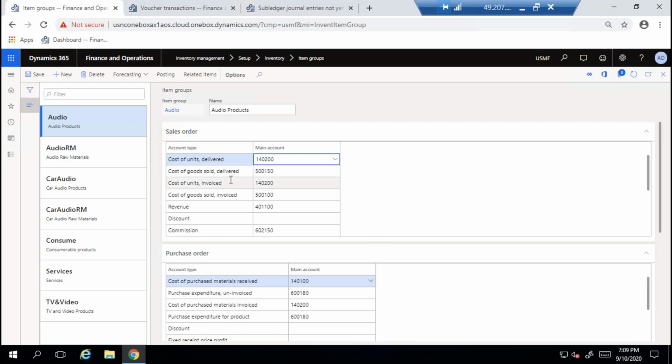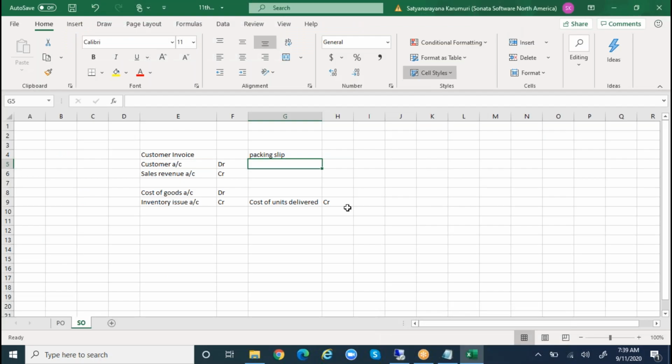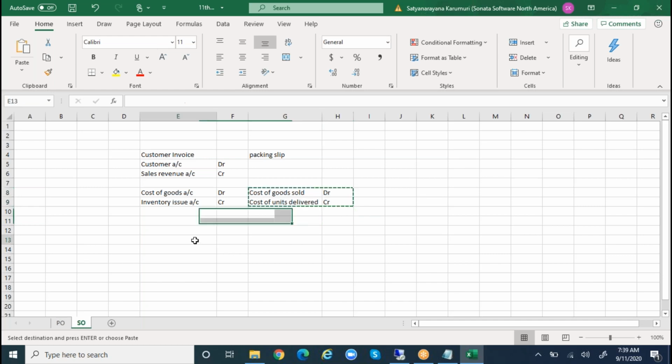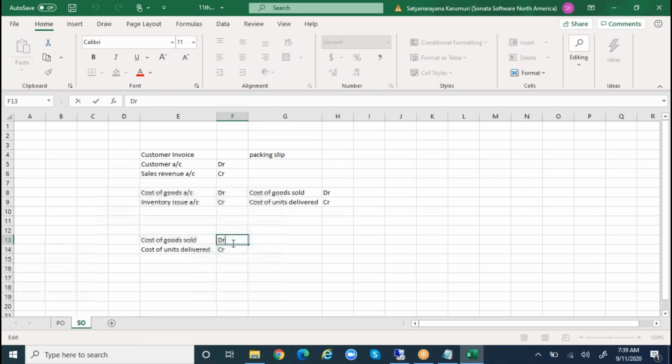And this account is cost of goods delivered, cost of goods sold delivered. These are the two temporary accounts. This will be reversed at the time of invoice.